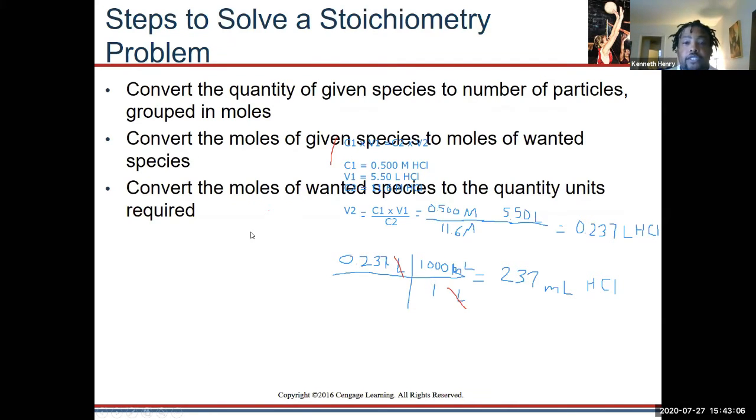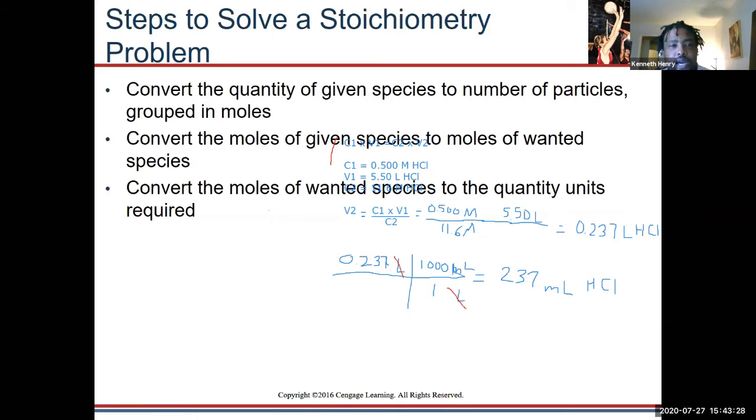Okay, so here we go back to that whole thing with stoichiometry. You can use the same thing for stoichiometry. You can use molarity to do your stoichiometry as well, right? Because it deals with quantity, although it's quantity per liter.